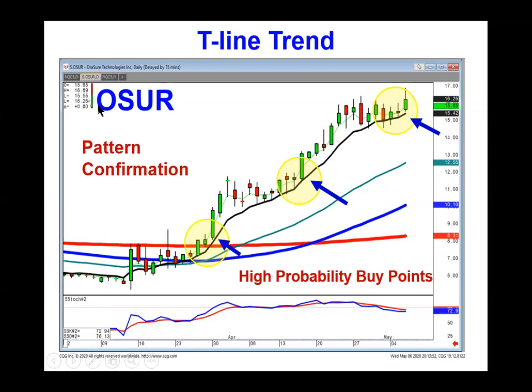What numbers are you using in the stochastics? My stochastics are 12, 33. Now that's not anything set in stone. I just sat one night 30 or 40 years ago and said, all right, where do I set stochastics where the peaks and the valleys kind of coincide?